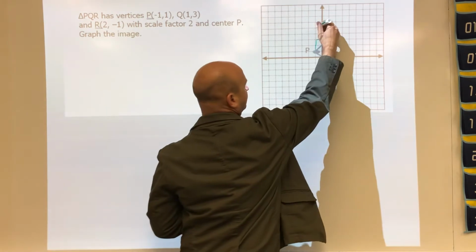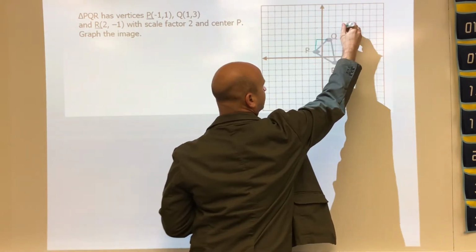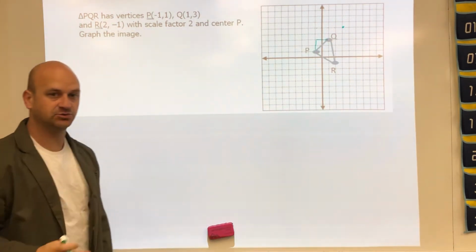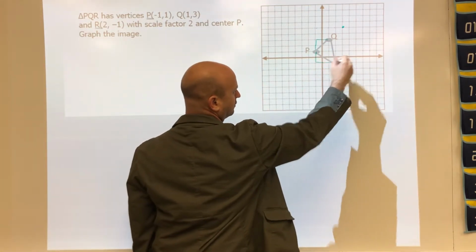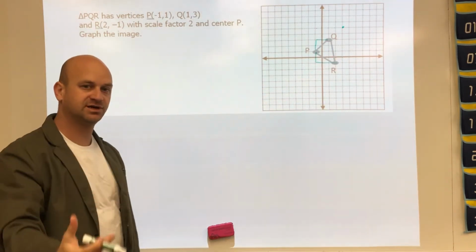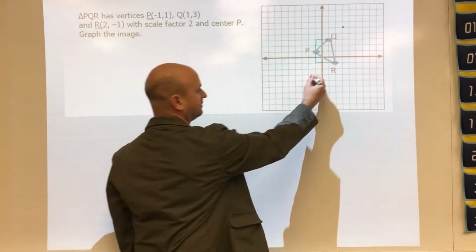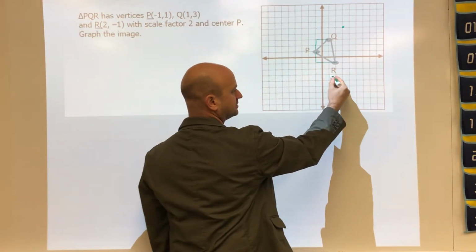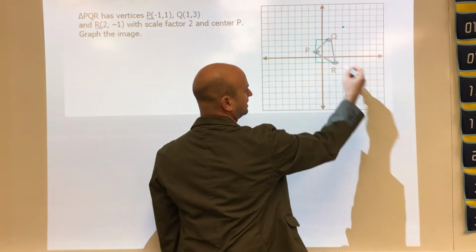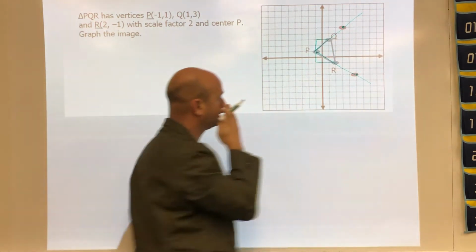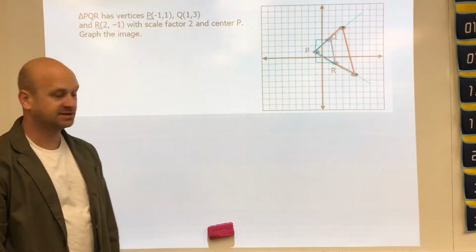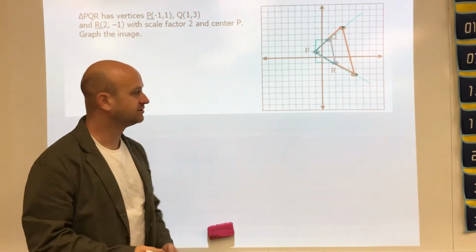So if we go up 4, right 4, that is going to be Q prime. For R, it's down 2 and over 3. So if we multiply it by 2, that means we go down 4 and over 6. And remember, because it's centered at P, we can draw lines out. And we end up seeing that that is the same case here.